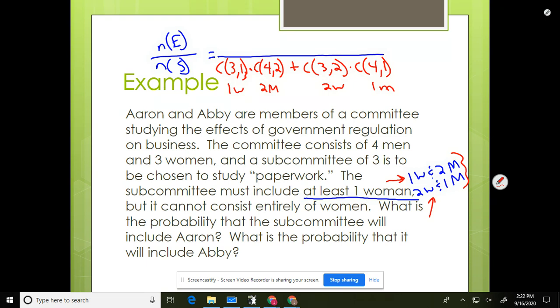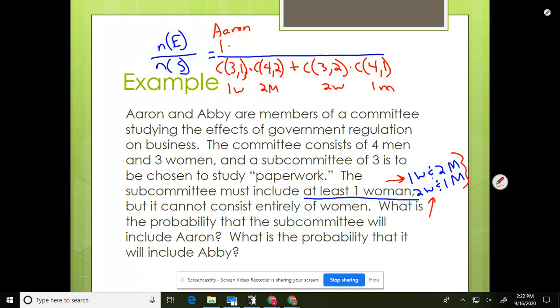Okay, the numerator, now it's going to be basically the same, except Aaron is part of the group that's selected. So if we think about the first part, the 1 woman, 2 men. If Aaron's part of that group, that means he's there. So he's selected, so I'm just going to put a little 1. There's 1 way to select Aaron.